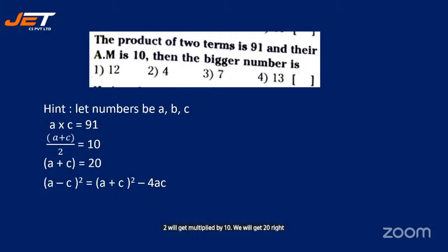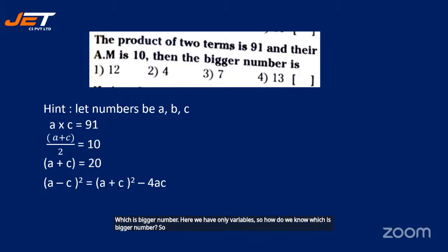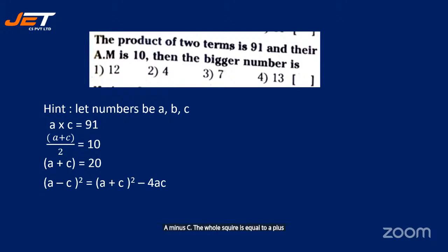Now, what are they asking? They're asking the bigger number. Which is the bigger number? Here we have only variables, so how do we know? For that we use this formula: (A minus C) the whole square is equal to (A plus C) the whole square minus 4AC. How do you get this?